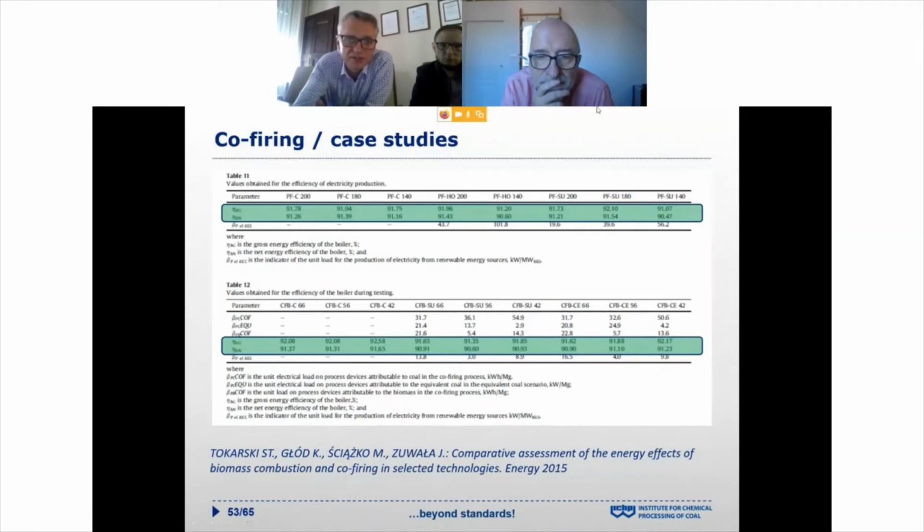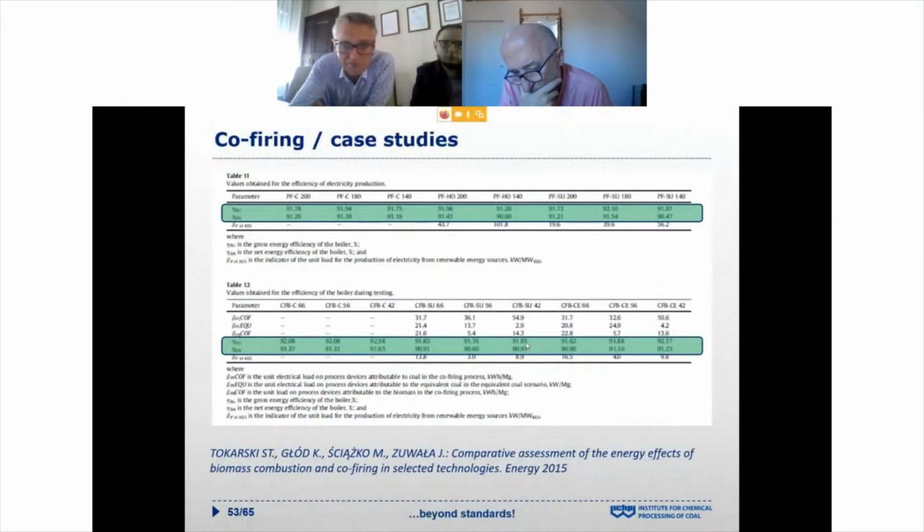The 5% was in the pulverized, so in this group of results, and 10% was in this group of data. And you can observe that after some optimization, there was a very small loss in the efficiency, like 1%. So we should expect more efficiency loss, but for example in this case 92, and we have 91.85.